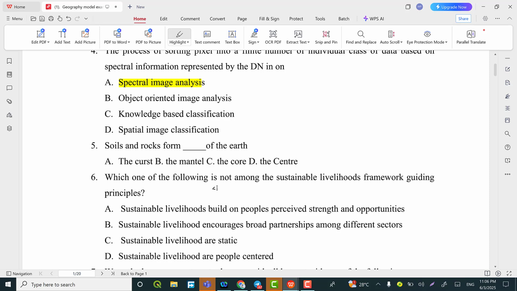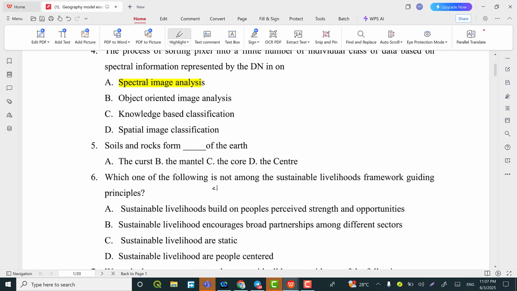The upper part of the Earth is known as the crust. The crust is divided into oceanic crust and continental crust, and it consists of both soil and rock. B, the mantle is the second layer of the Earth, which is below the crust, and there is a thin layer that separates the crust and mantle. The mantle is divided into the upper mantle and lower mantle.